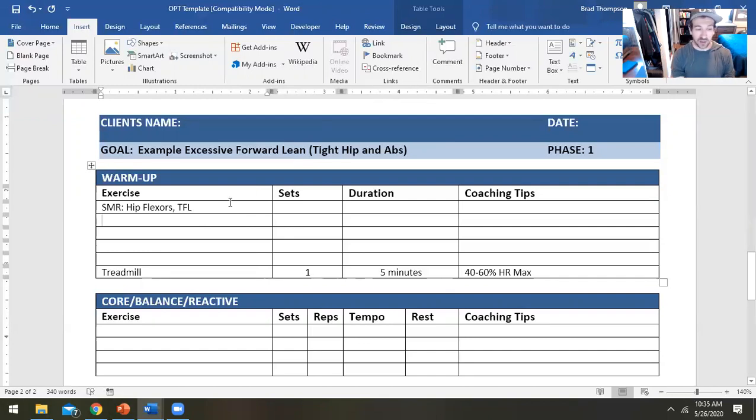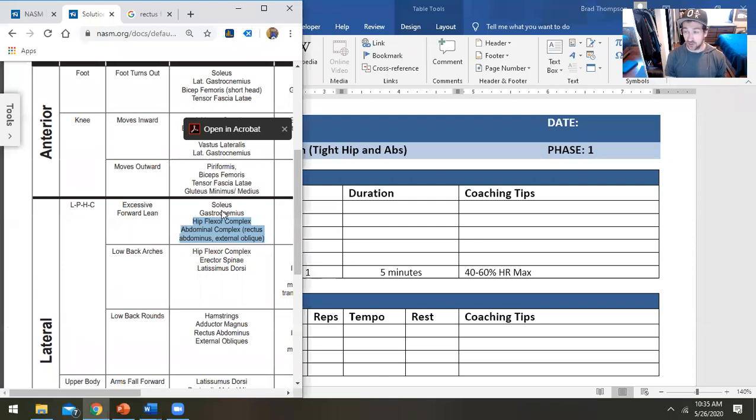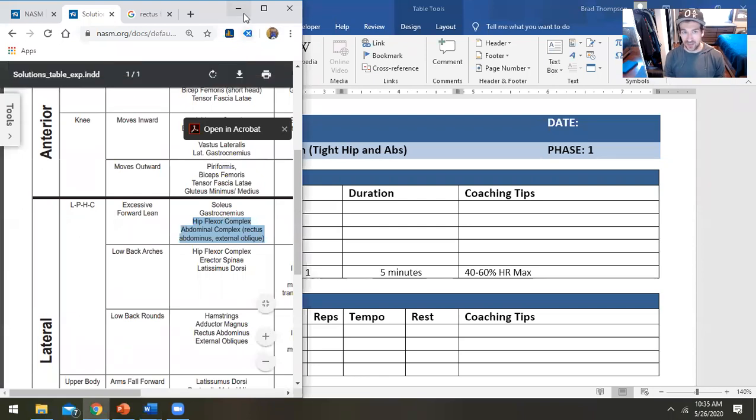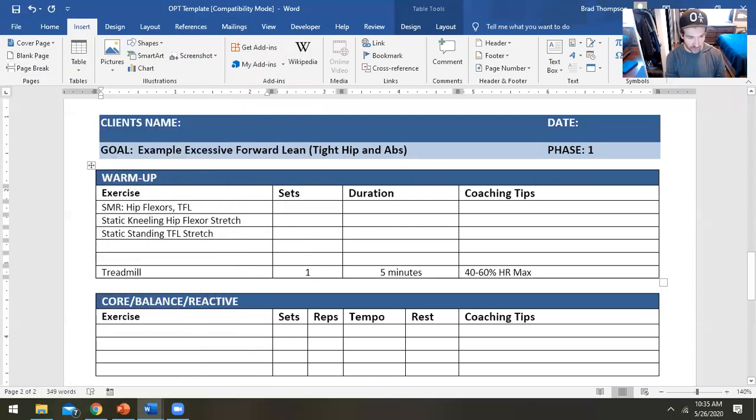But we can do our static kneeling hip flexor stretch. Static standing TFL stretch. Now, I know that my external obliques and my rectus abdominis are both overactive. So I need to get a good external oblique and rectus abdominis stretch. So your Cobra, NASM really recommends the Cobra stretch.